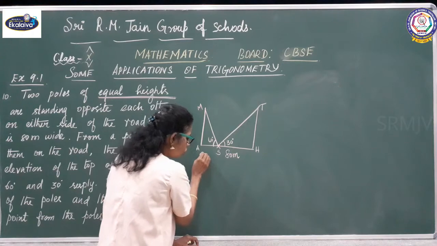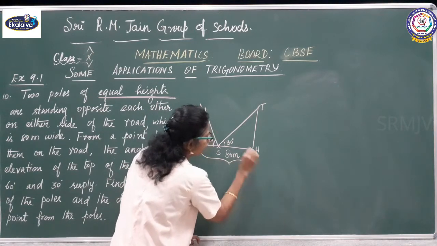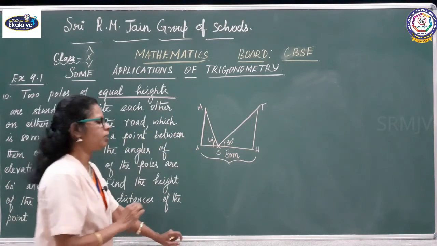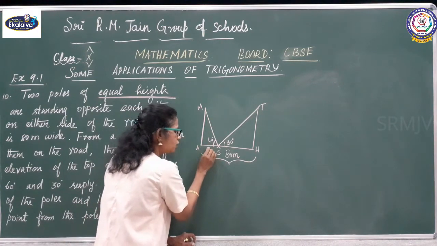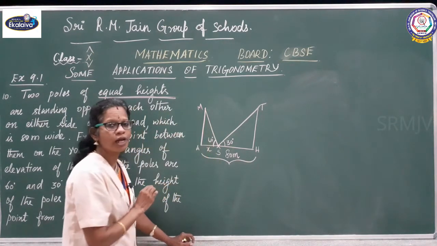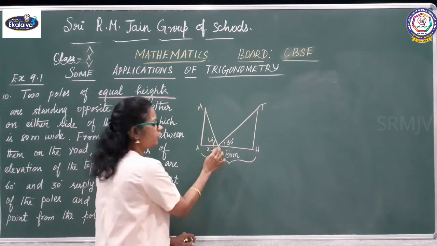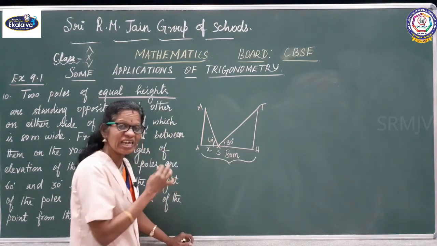Then the total distance is 80. This one I am going to consider as X. That means what is the position of SH?